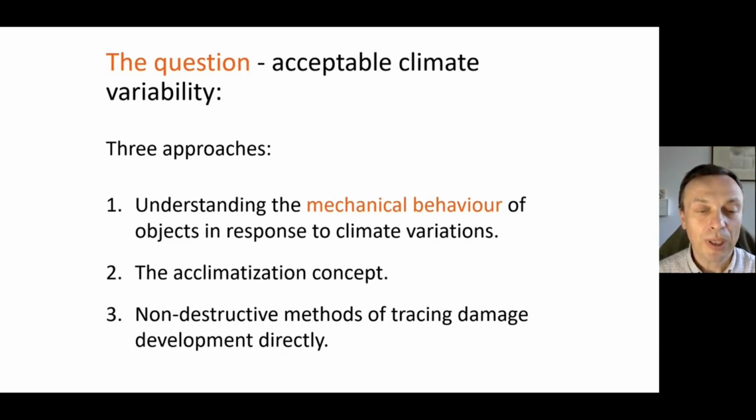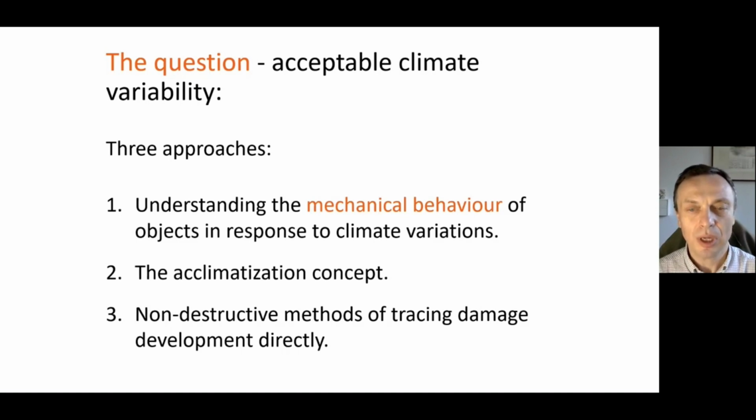And thirdly, we can use non-destructive methods of tracing damage development directly. With these techniques, we can observe the actual rate of damage development in the object and correlate it with the environment. I will not speak about the acclimatization and non-destructive methods.